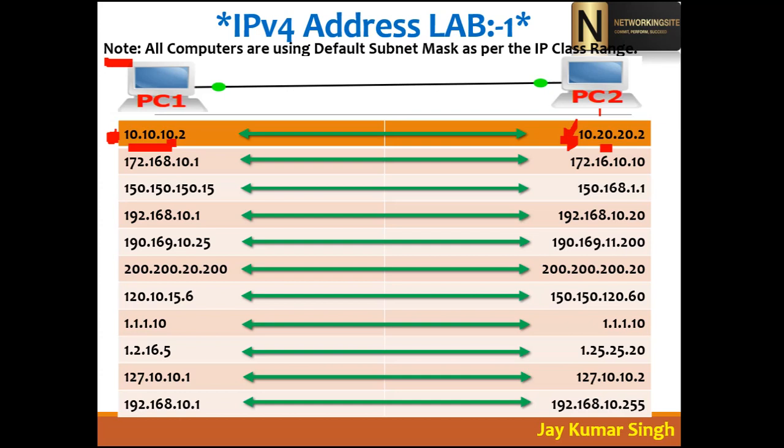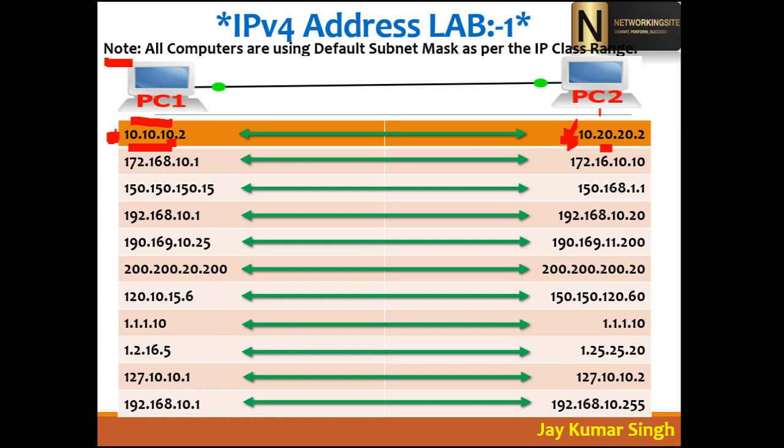This IP address belongs to class A. So in class A, how many network parts are there? Only one network part and 3 host parts. Each and every IP address is divided into 4 octets, and the octets are split into network part and host part.